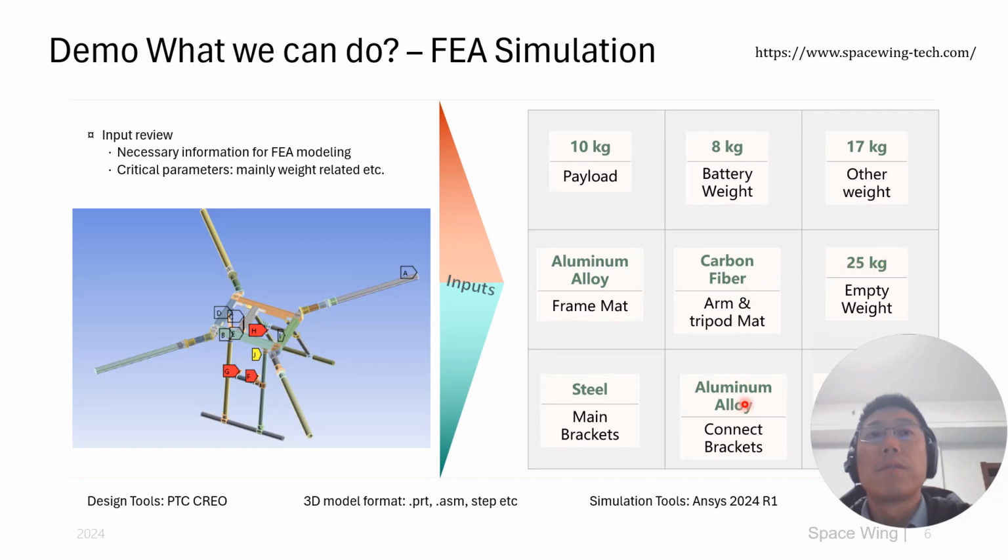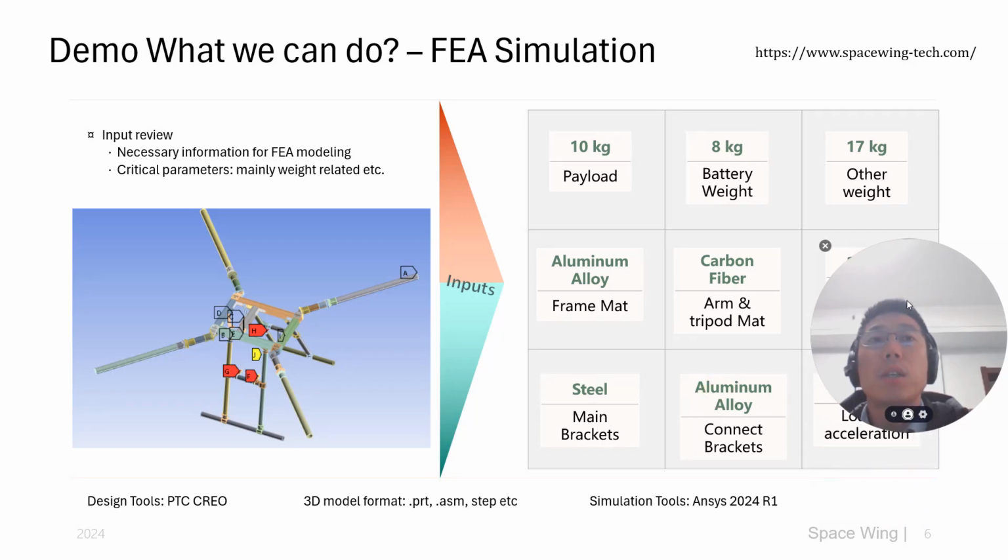And for the different materials, for the frame we will use aluminum alloy. For the arms and the tripod, we will use carbon fiber. For the main brackets, we will use steel. And for all other connection brackets and connection joints, we will use aluminum alloy.